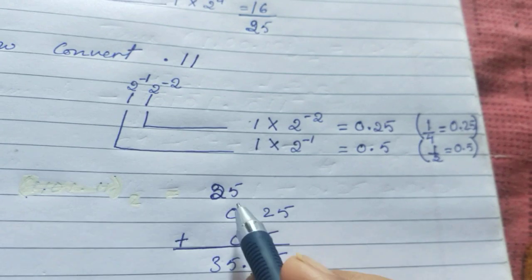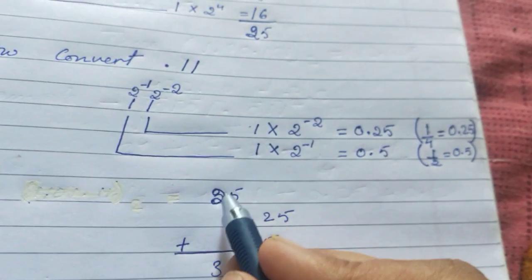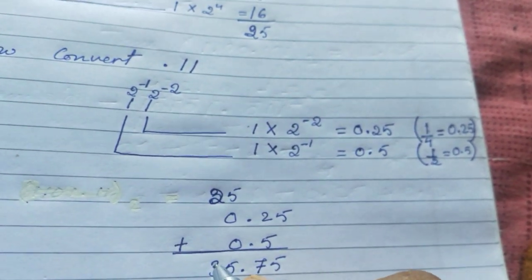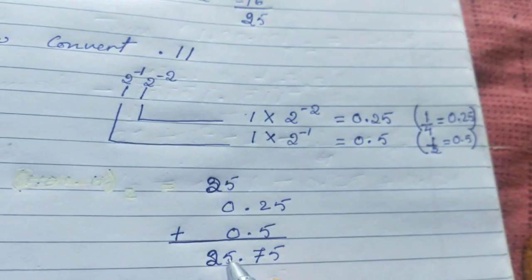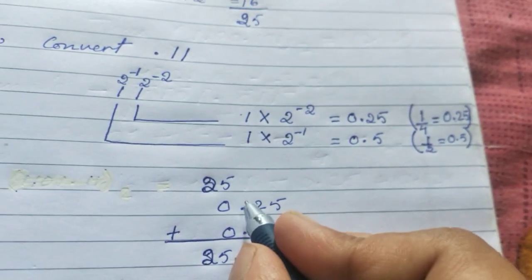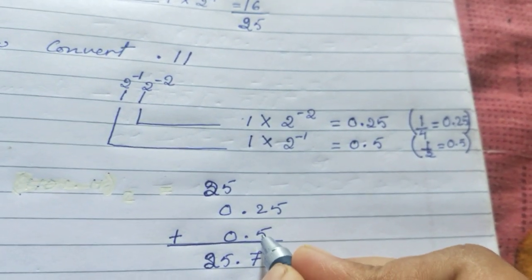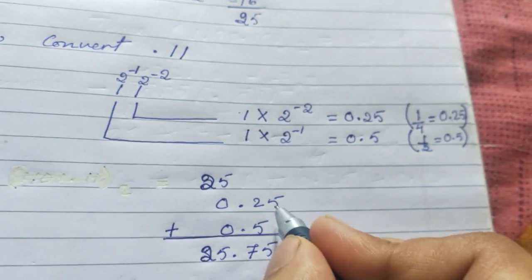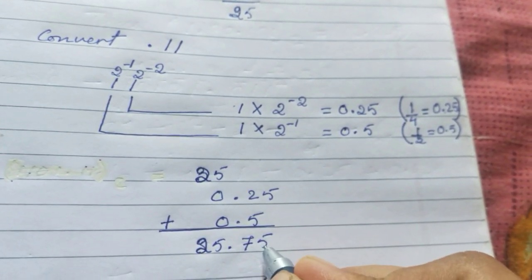You have got 0 below it, so you will write it, and you have got 2 and there are no numbers over here, so you will write 2 over here. Then the decimal point. Now you have got 2 and 5, so 5 plus 2 is 7, and you have got 5 and there are no numbers over here, so you will simply write 5.